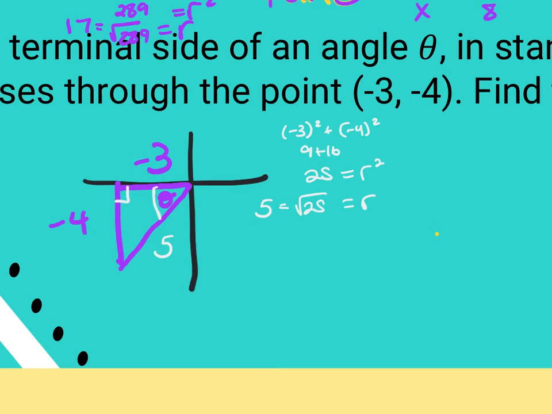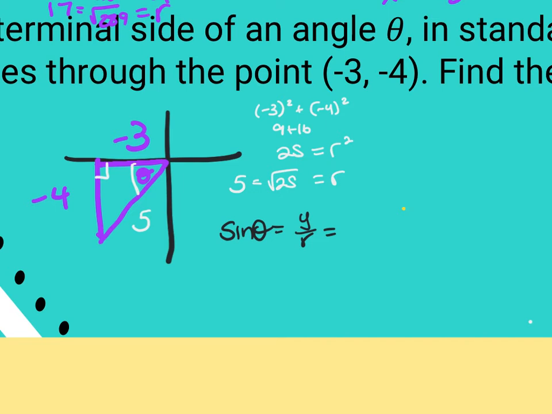All right, so let's do it in terms of y's and r's and x's. Sine is y over r, which would be -4/5. Cosine is x over r. That's -3/5.